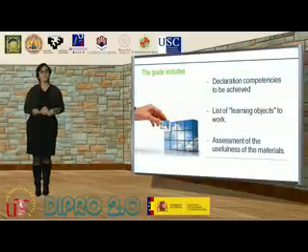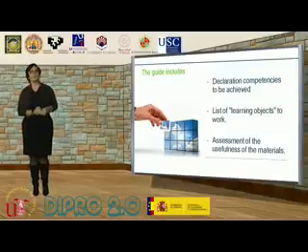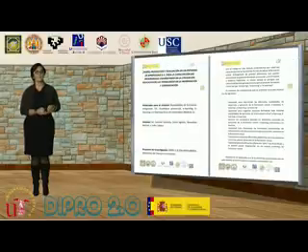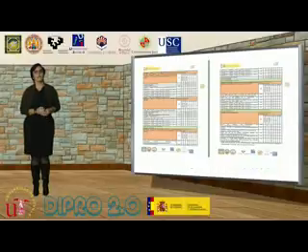With respect to the guide, it includes a declaration of competences to be acquired, a list of learning objects to work with, and assessment of the usefulness of materials. You can see in the screen the example to use this material. You can see the contents and the objects and the list for assessment.